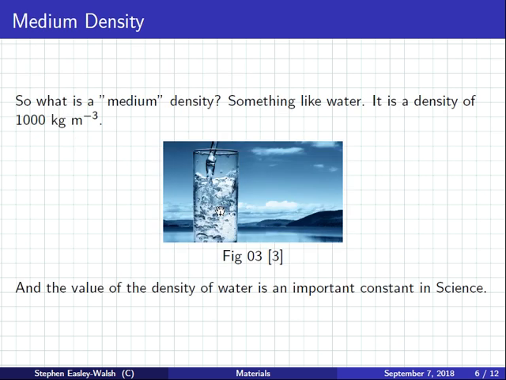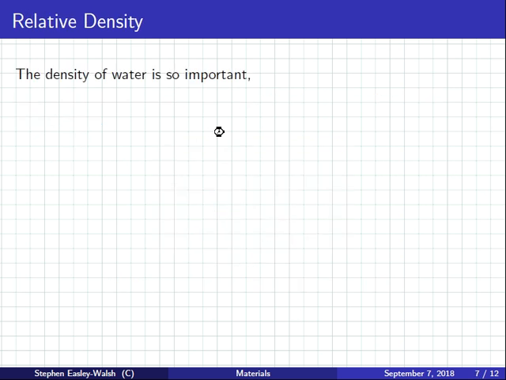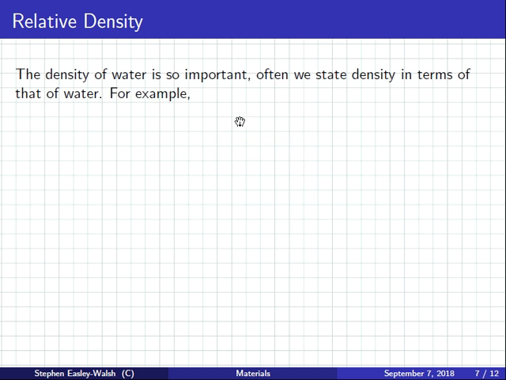In fact, it's so important we have something called relative density. What did I say the density of gold was? 19,320. That's about 19 times bigger than water, roughly.